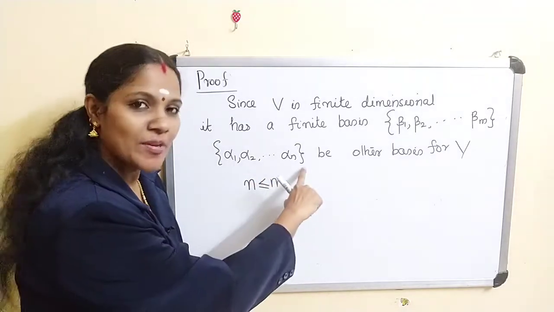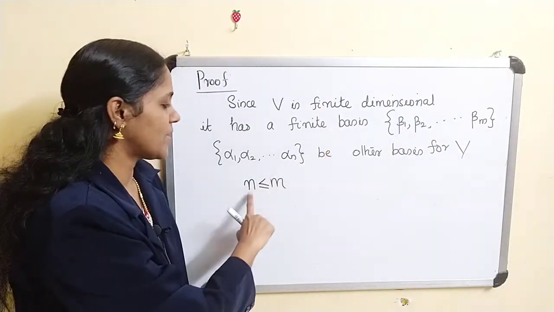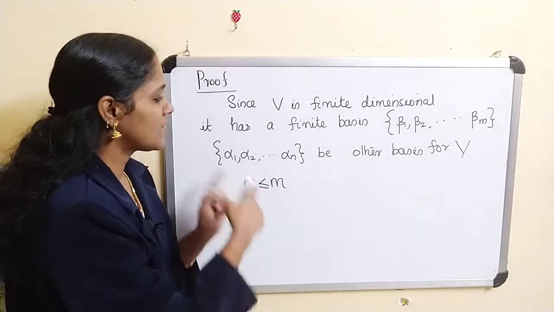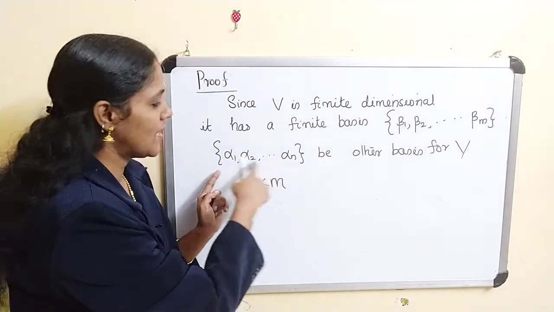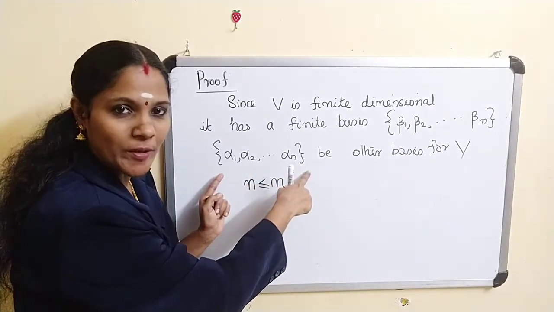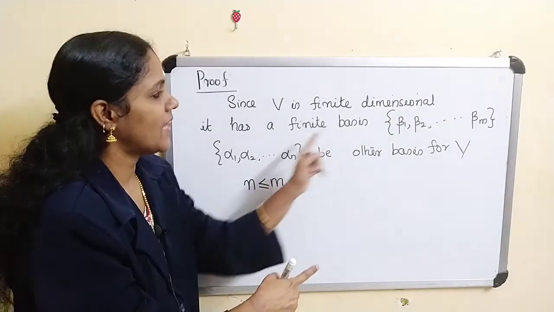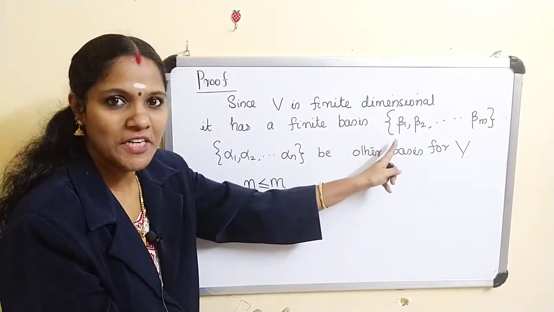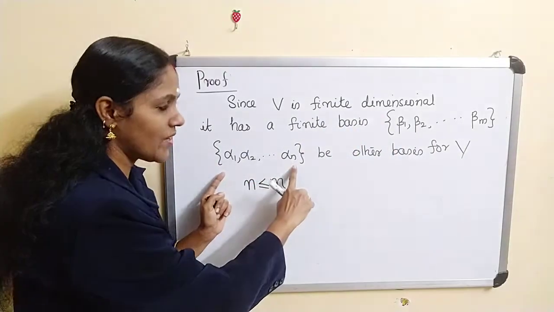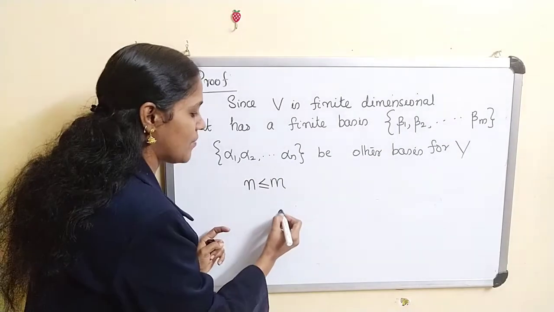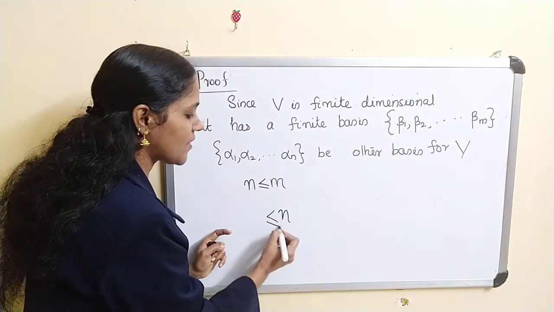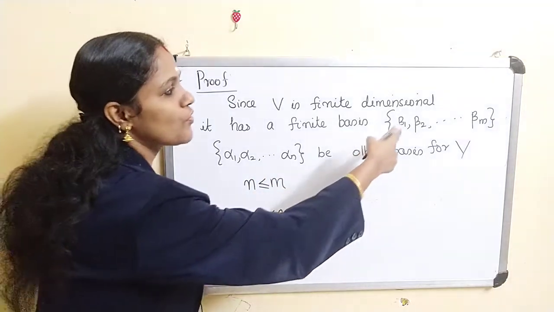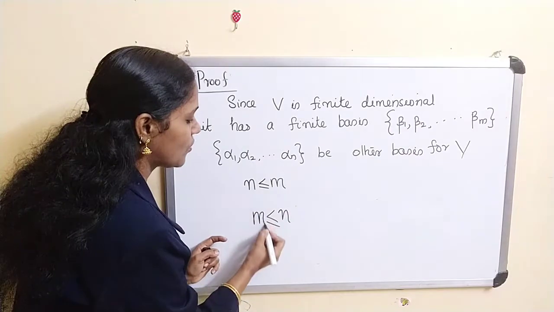Now, by a similar argument, this is a basis, so it spans V, and this is a linearly independent set in V. As this spans V and contains n elements, any linearly independent subset of V contains not more than n elements. Therefore m must be less than or equal to n.